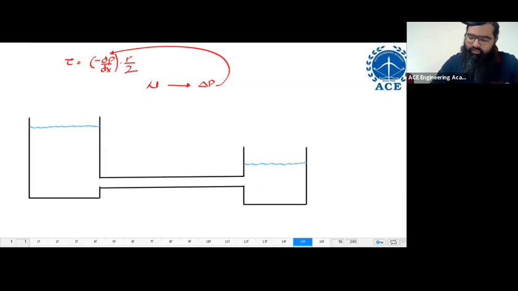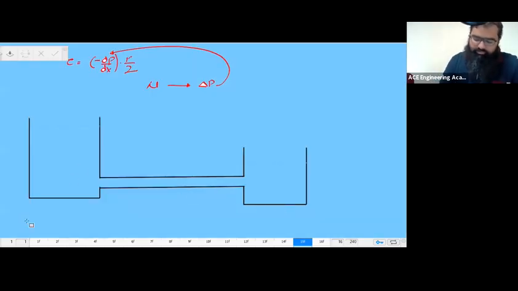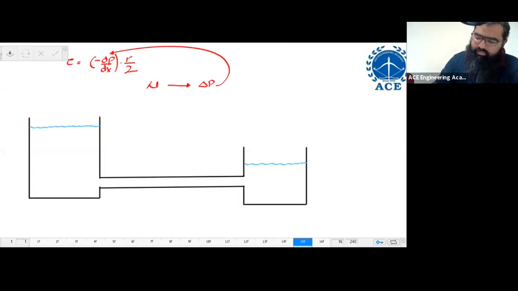Let us say the liquid is flowing from here to here. When the liquid flows, what is going to happen? At the wall, some shear stress is developed.